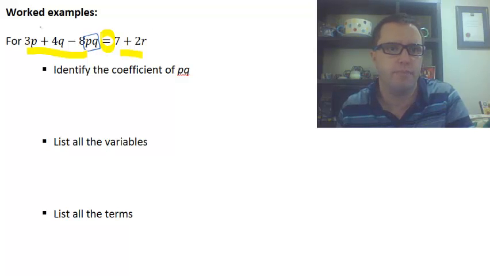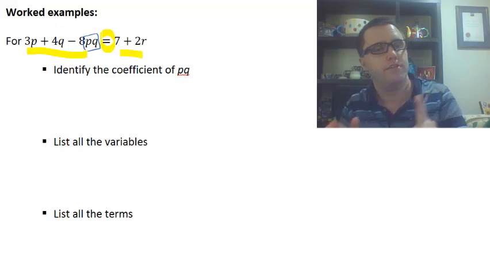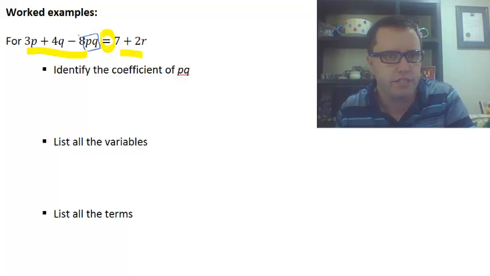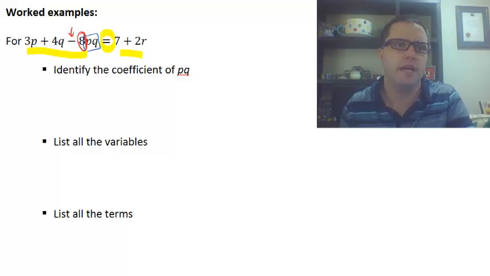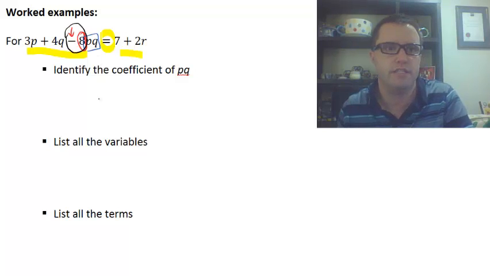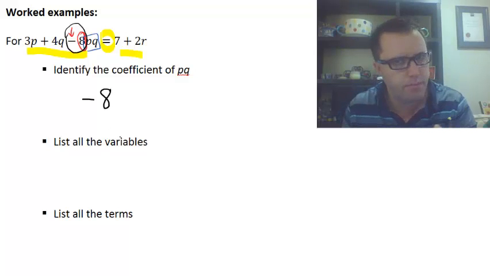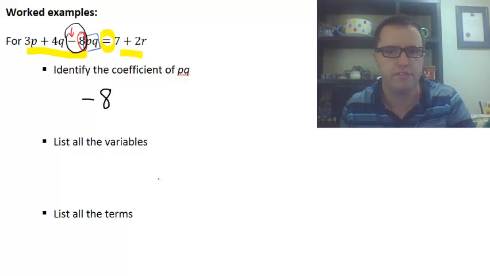Now, there's a P by itself here and a Q by itself, but we want the coefficient of P times Q. There's an 8 there, but it's got this minus sign as well. So our coefficient of PQ is the number in front of it, which is -8. It's a bit of a tricky one there first up to show you.